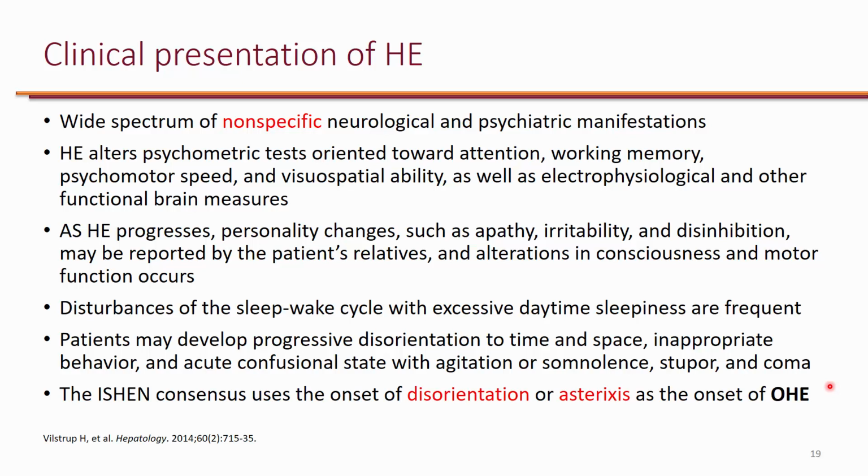So they typically involve changes in attention, memory, psychomotor speed, visual abilities, and as hepatic encephalopathy progresses, you will see personality changes, as well as alterations in consciousness and motor function. Most of these are pretty non-specific. However, there is consensus that the onset of disorientation or ascites is the onset of overt hepatic encephalopathy.